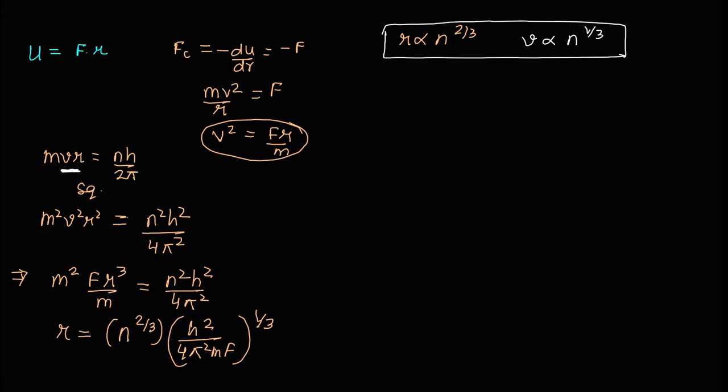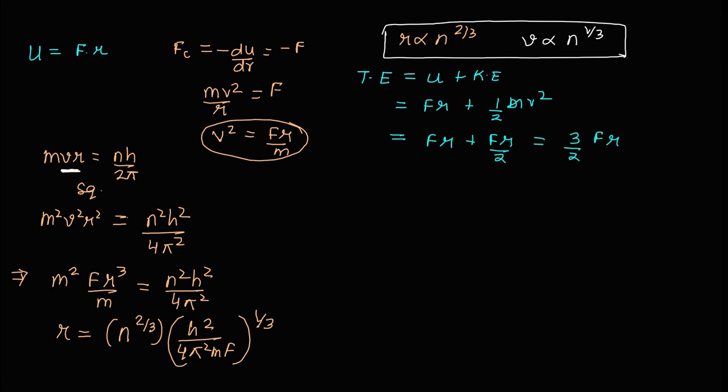I write that the total energy is equal to the sum of potential energy and kinetic energy possessed by the system. The value of potential energy is equal to Fr, and kinetic energy is equal to half mv². From here I can say that v² is equal to Fr by m. So if I put Fr by m, I will obtain Fr by 2, so the total is 3 by 2 of Fr.